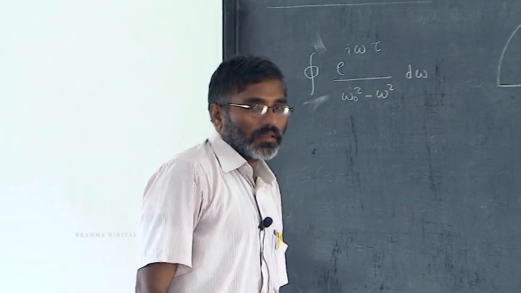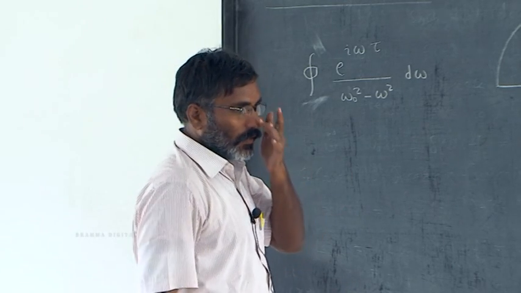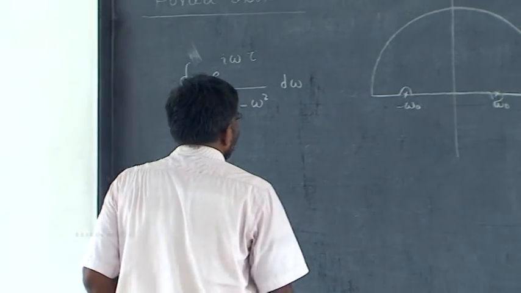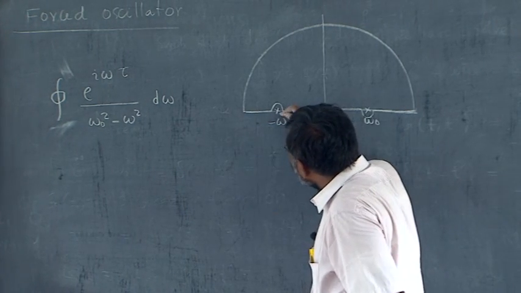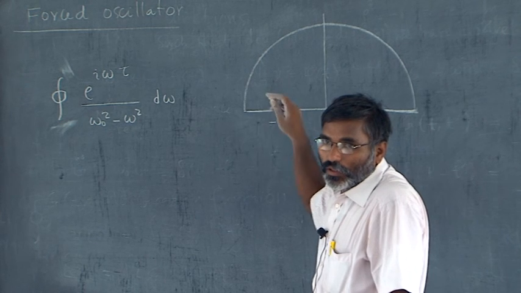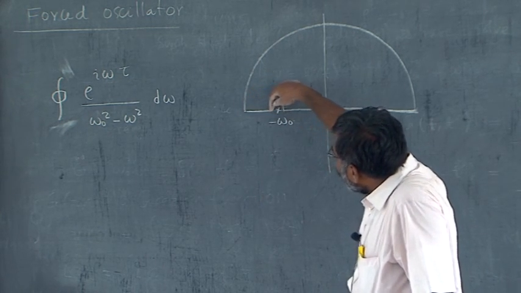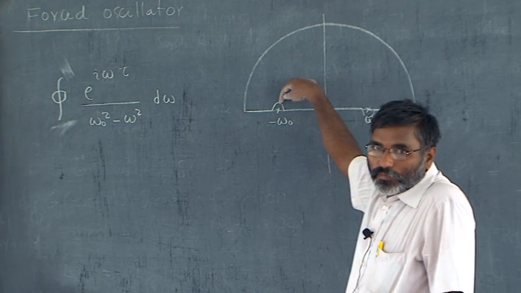At minus omega naught, you make a detour. But what does it physically mean? It physically means that at this point, you are giving a slight imaginary part to this root. So on your path, you are assuming there is some slight imaginary part.